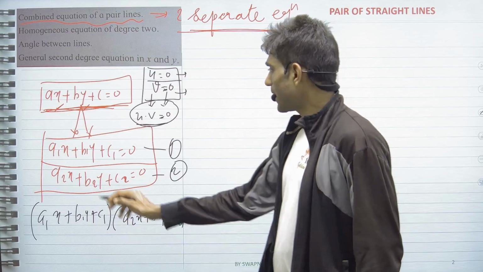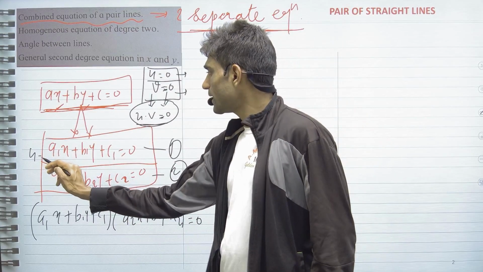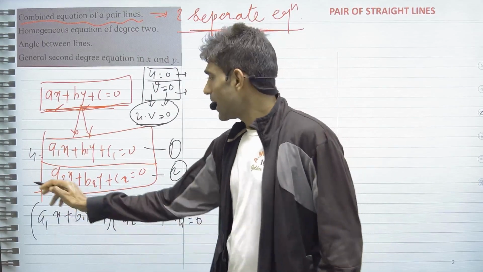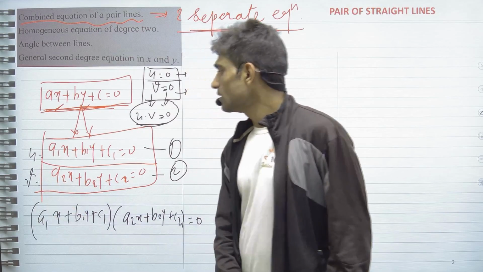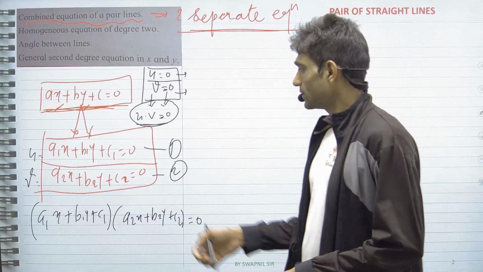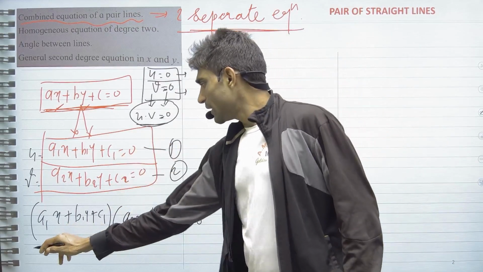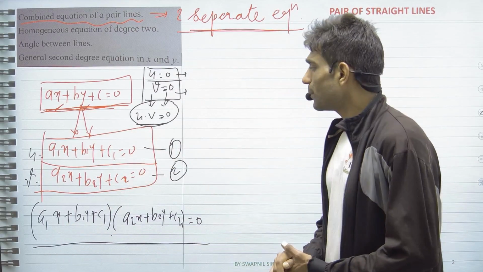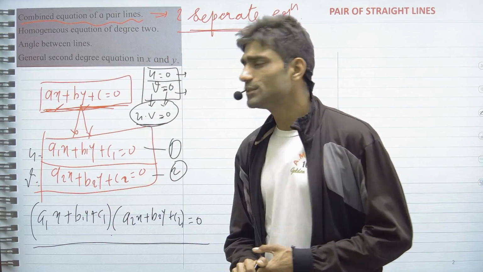I have taken the first equation as u, a1x plus b1y plus c1, and the other as v, a2x plus b2y plus c2 equal to 0. Then their combined equation is a1x plus b1y plus c1 times a2x plus b2y plus c2.